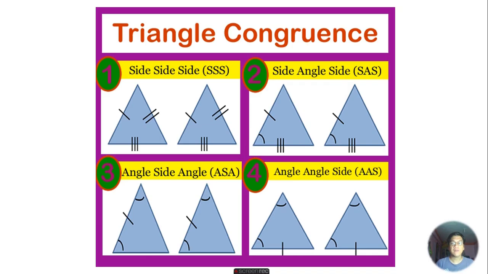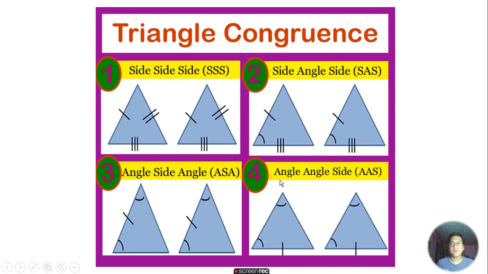Now, before we proceed with that, let us first recall the different triangle congruence postulates or theorems. The first one is our SSS or the side, side, side. The second is our side angle side or the SAS, and the third one is the angle side angle or the ASA.